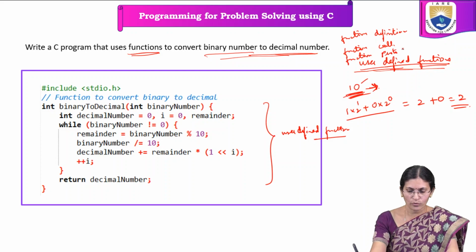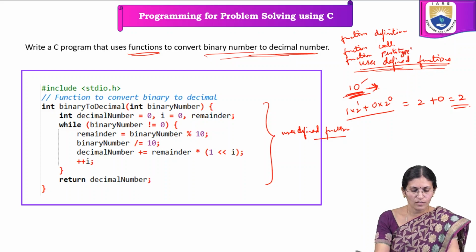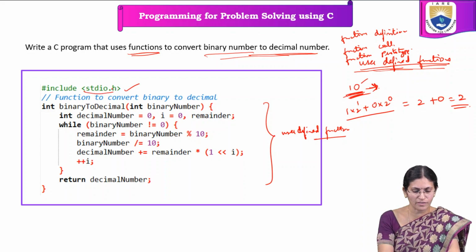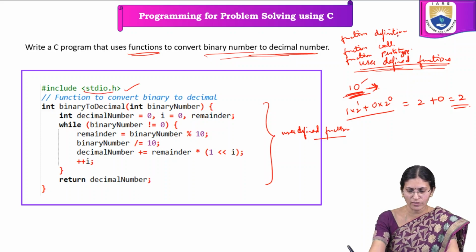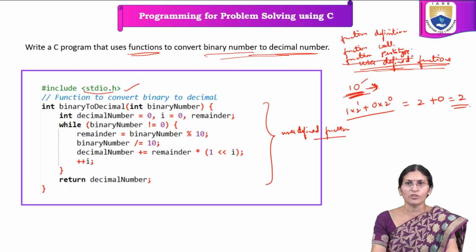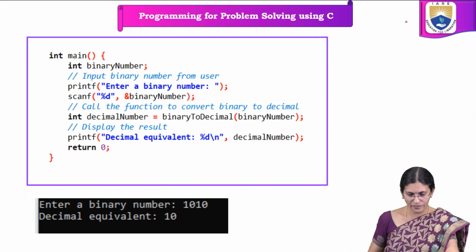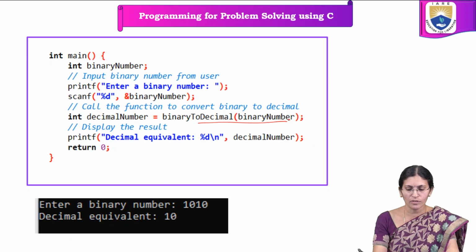After this statement we have directly defined the function, so there is no need to use the function prototype. We have directly written the function definition. Next, in the main function we need to call the function. So this is a function call.